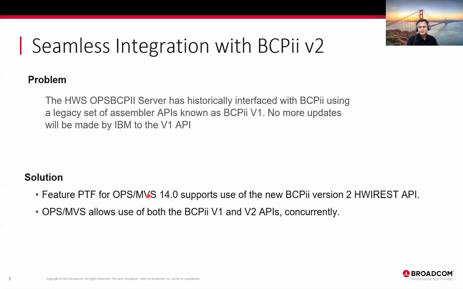However, version 2 has been upgraded, or the changes have been drastic, where it does provide you REST API sort of services. So OPSMVS allows you to use both version 1 and version 2. Either you can enable one of them, or you can use both of them as per your choice.